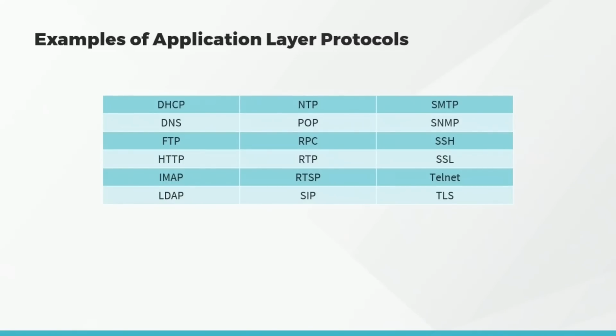Now again, there are a lot of other examples here. We will discuss some of them in greater detail as we move through the course here. But again, the general idea is to simply ensure that any given application identifies the type of service that is being requested of any given server.